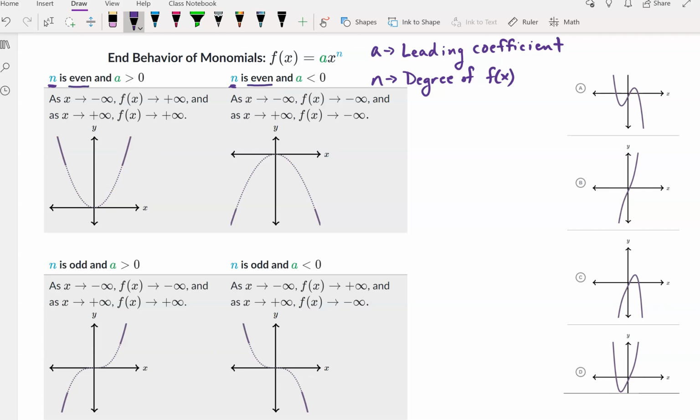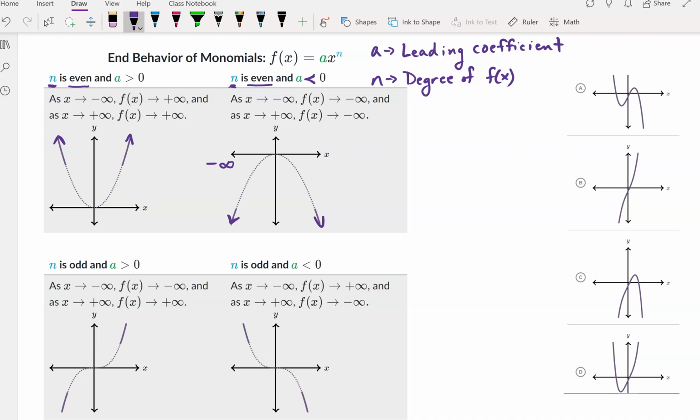And when n is even, you either have an opening up, left and right hand behavior, or opening down together, left and right hand behavior. And the way you know whether it is opening up or opening down would be based on your leading coefficient, right? So if your leading coefficient is negative, this one, it's less than 0, then you know that your graph has an end behavior going to negative infinity.